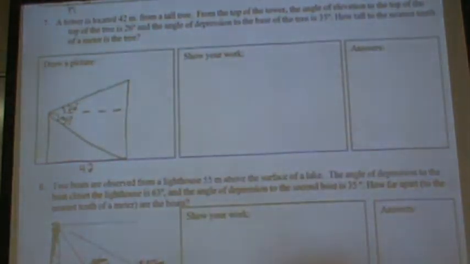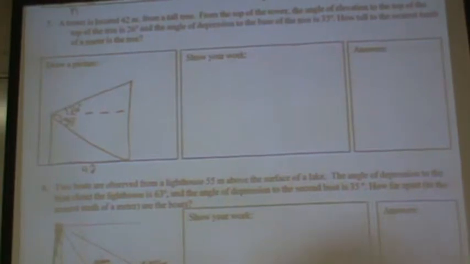And then you're also told that you have an angle of depression that goes to the base of the tree. That's a 35-degree angle. So that's your angle of depression. It goes below the horizontal. And you're asked to find, to the nearest tenth of a meter, the height of the tree.